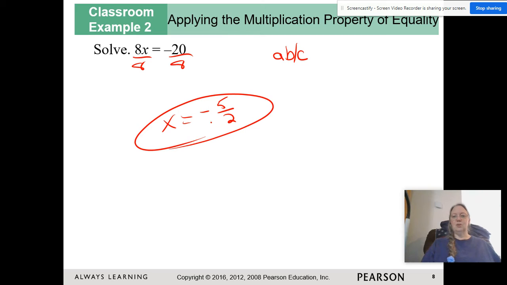When you type this in, it can actually simplify it for you. So you would type in -20, then the fraction button, then the 8, and push enter or equals.